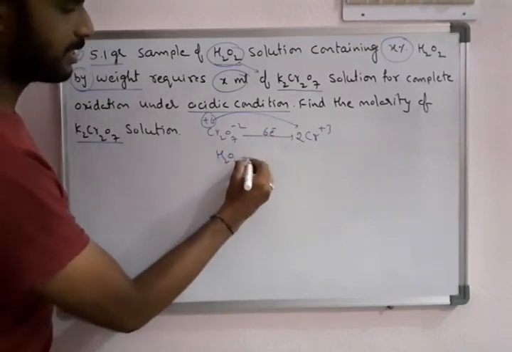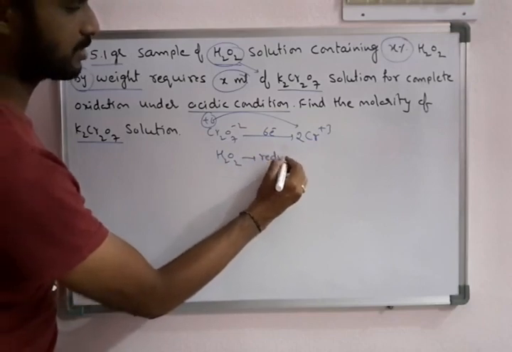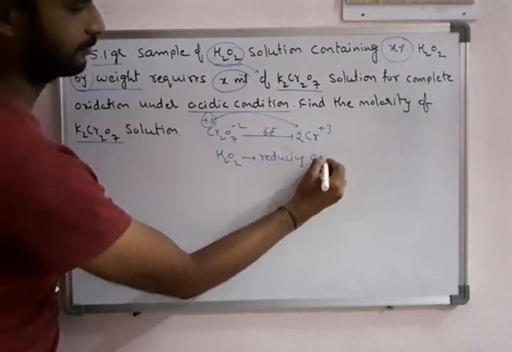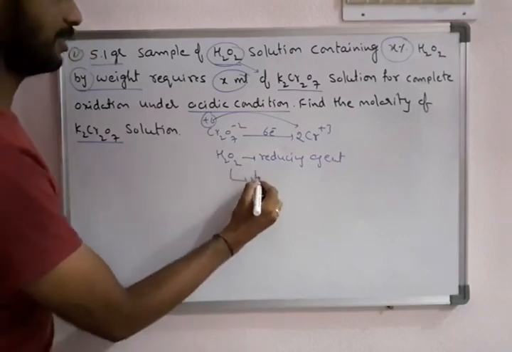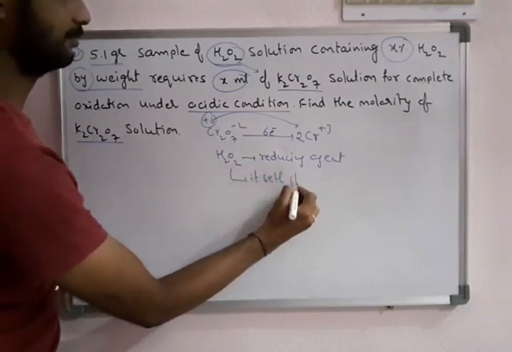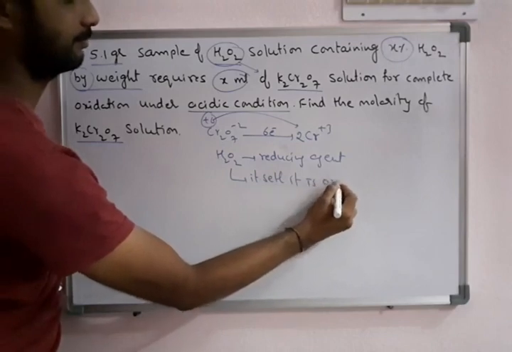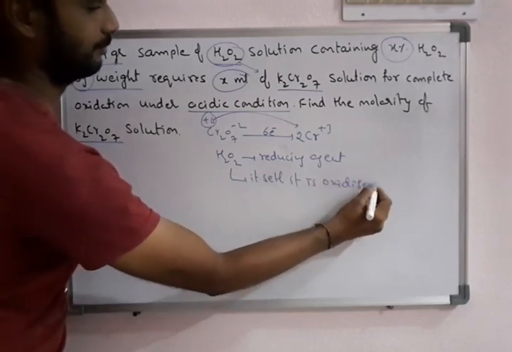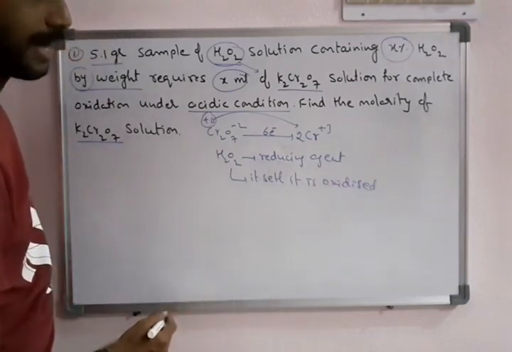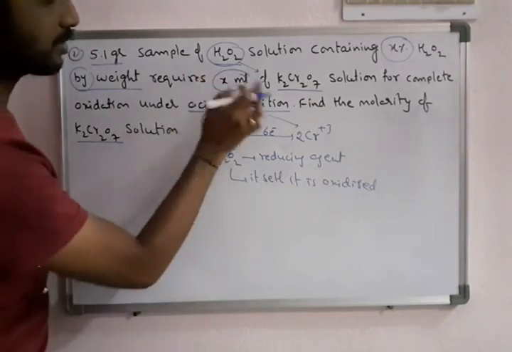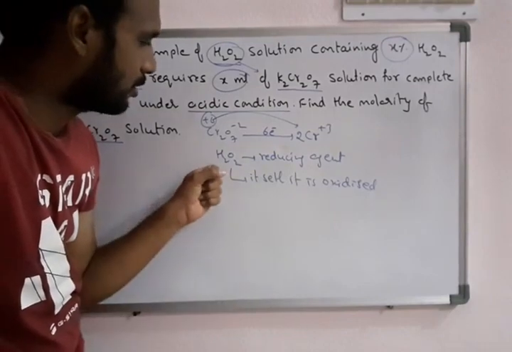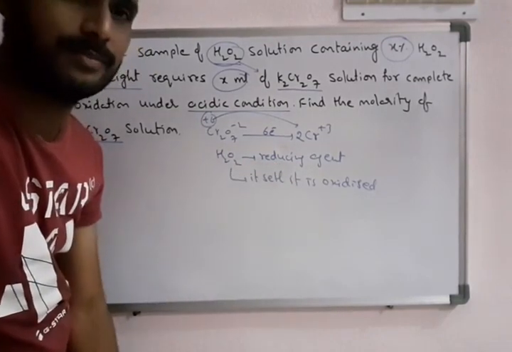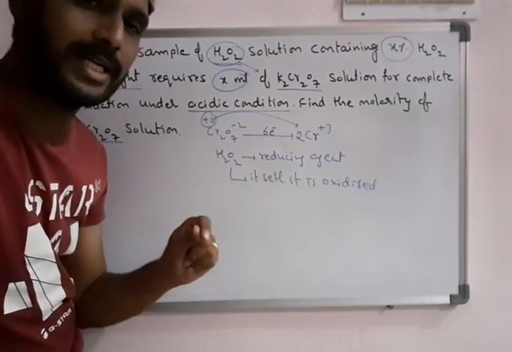Means here hydrogen peroxide works as reducing agent. Means itself it is oxidized. Here hydrogen peroxide reduces the dichromate ion into chromium +3. So hydrogen peroxide acts as reducing agent. It depends on the compound and the condition.